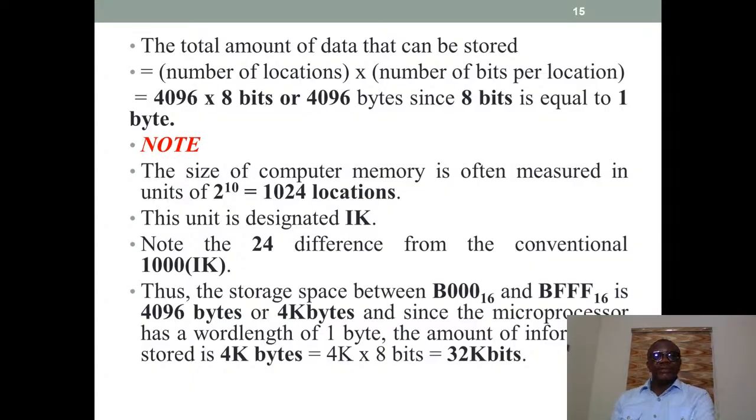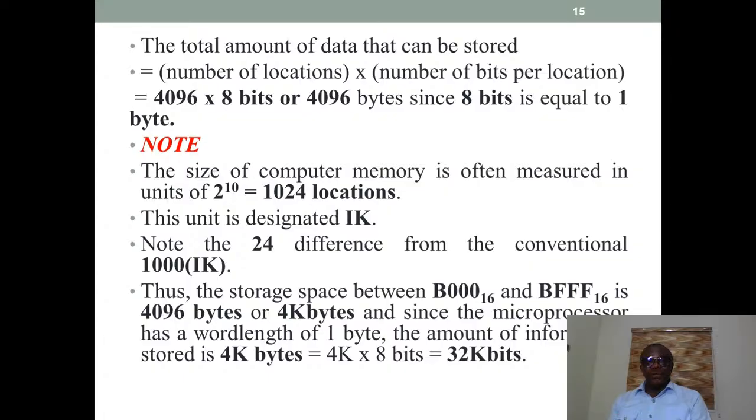So we say, note, the size of computer memory is often measured in units of 2 raised to power 10, which is regarded as 1 kilobit. 2 raised to power 10 is equal to 1024.